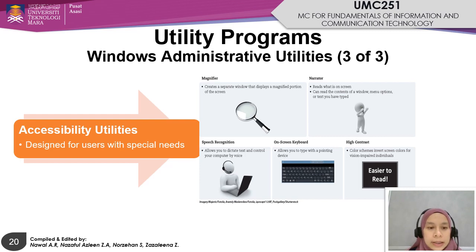So this accessibility utility is designed for users with special needs, right? The first tool we have in this category is the magnifier, used to zoom in and zoom out on content, especially small text. Number two, we have the narrator, where the user can highlight the text and the computer will read it to the user.